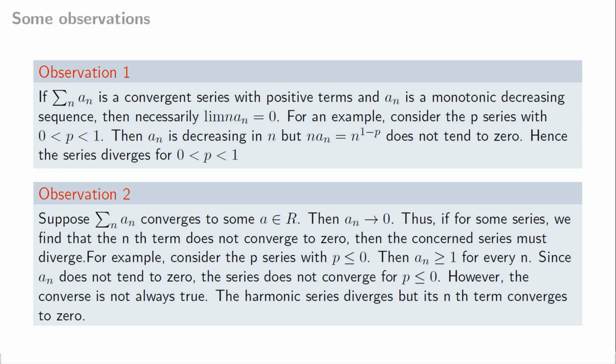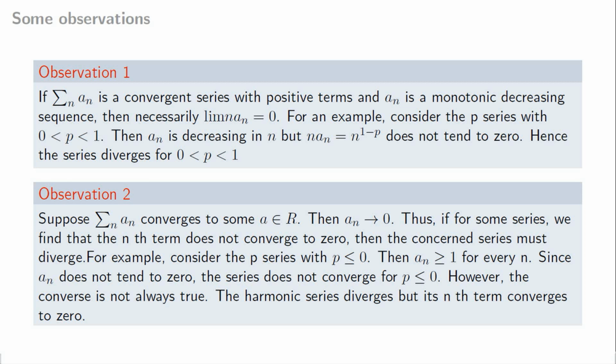Then an, that is 1 by n to the power p, is decreasing in n, but n times an is n to the power 1 minus p, which does not tend to 0. Hence, the series diverges for 0 less than p less than 1. That is, the fact that limit of n multiplied by an equals 0 gives an alternative way to check whether a series is convergent or not.